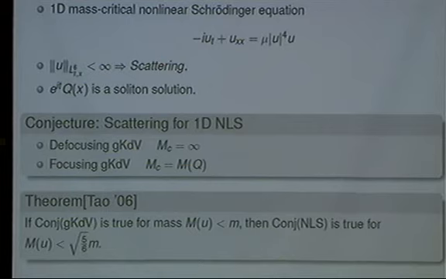So in 2006, what Tao shows is that the scattering conjecture for generalized KdV is stronger than the scattering conjecture for the NLS. So once we have scattering for GKdV, then we have scattering for NLS. That is just a connection, and it doesn't solve either problem, but it gives us a connection.